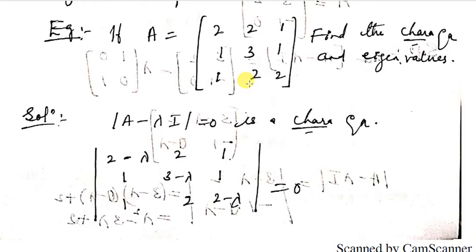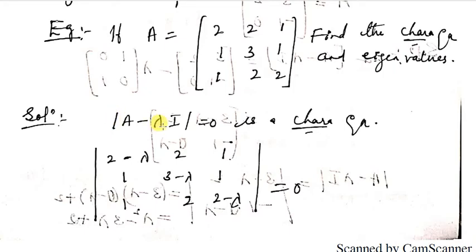So let us find out the eigenvalues. Before the eigenvalues, first we have to define the characteristic matrix, right? The characteristic matrix of the given square matrix is of the form A minus lambda I.